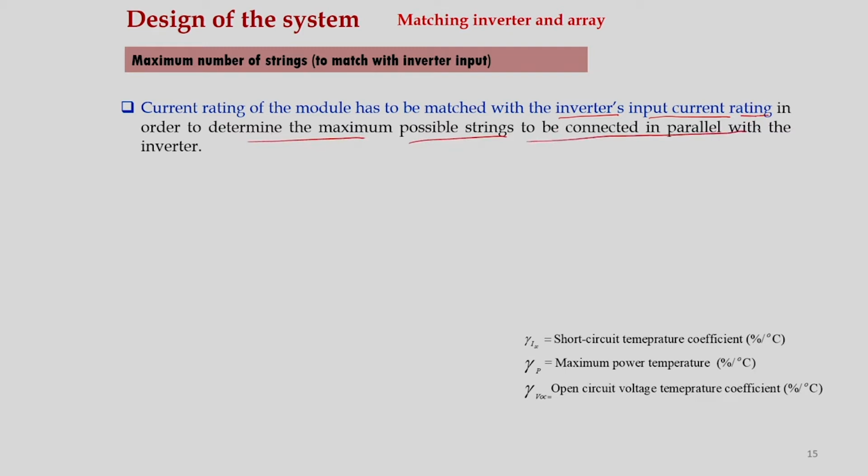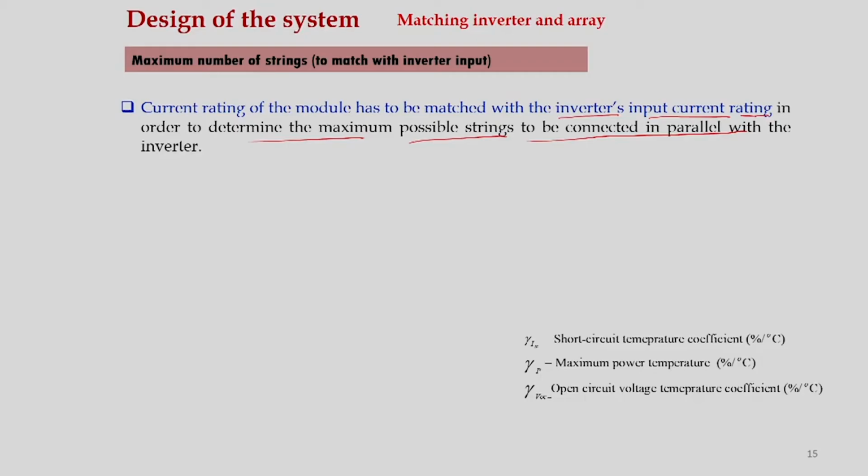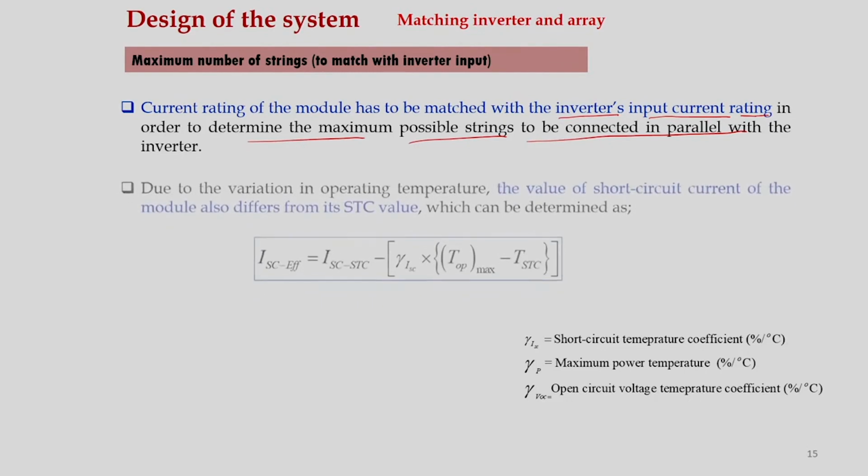So far we have discussed the minimum number of modules to be connected in series and the maximum number of modules to be connected in series. Now, we must know the number of modules to be connected in parallel. Once we have decided the series connection or strings, then we have to connect them in parallel. So, this is the procedure for how we can do it.